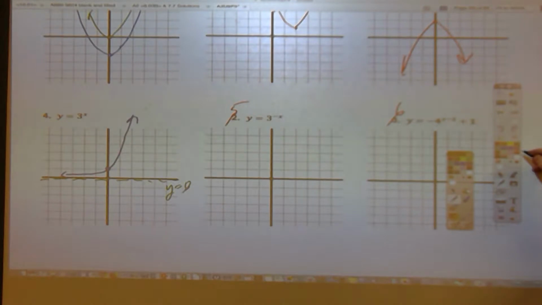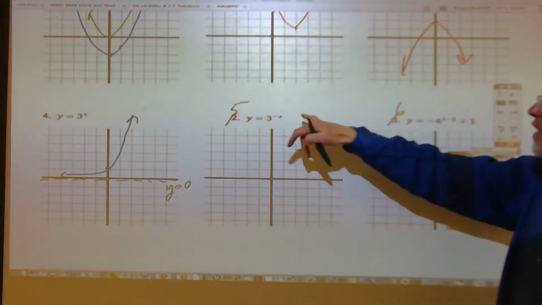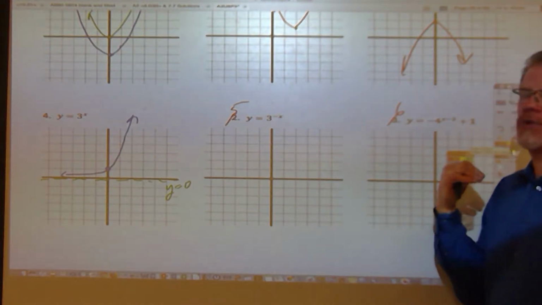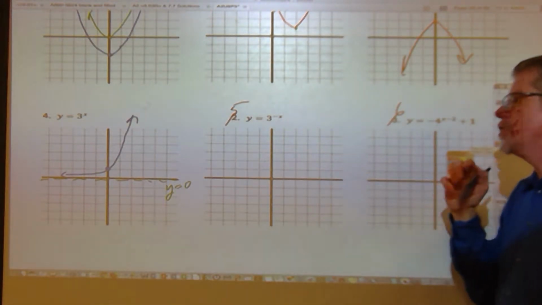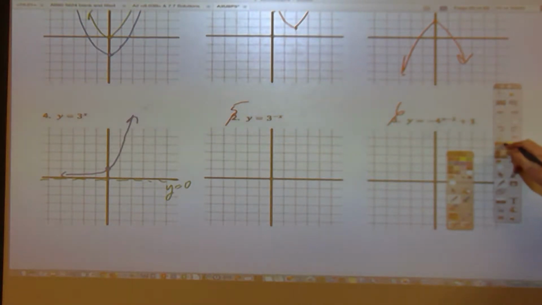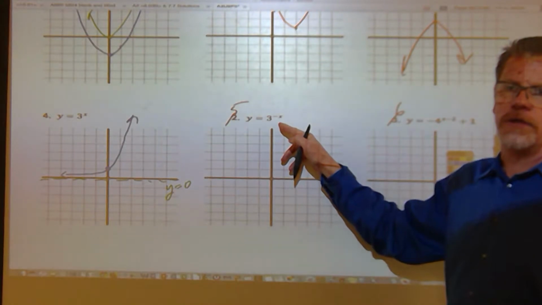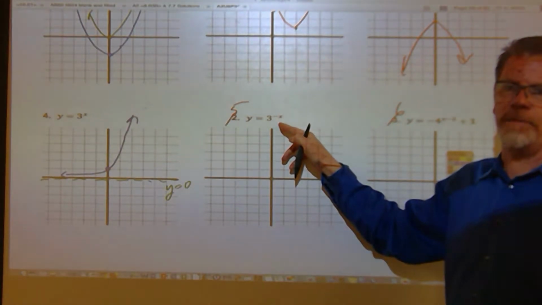What's the transformation of the graph in number 4 in order to get the graph in number 5? How would you document that transformation? Go ahead, please, Lauren. So what does that minus in front of the x accomplish?